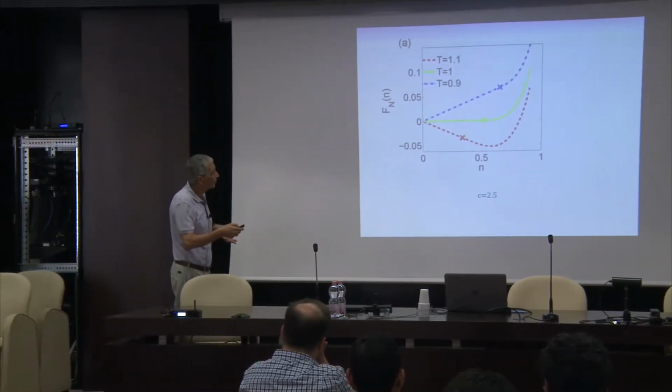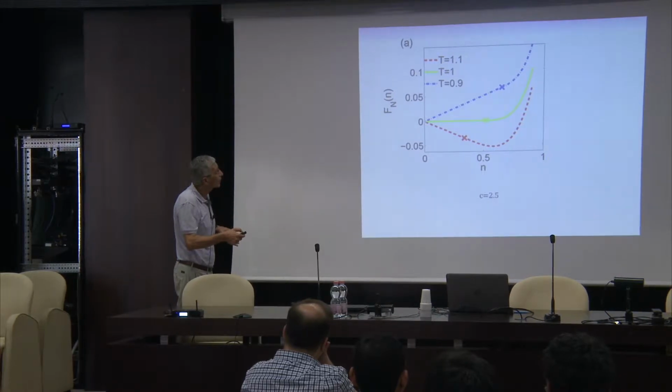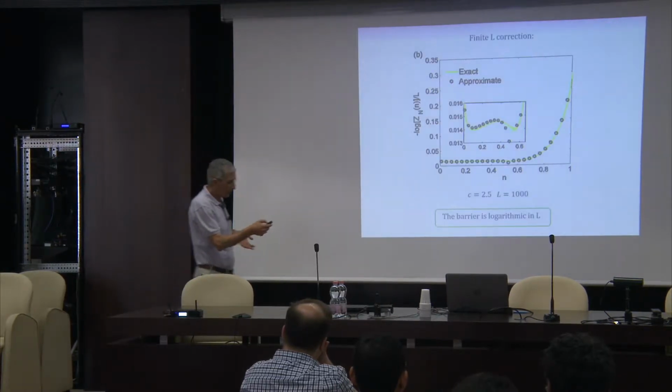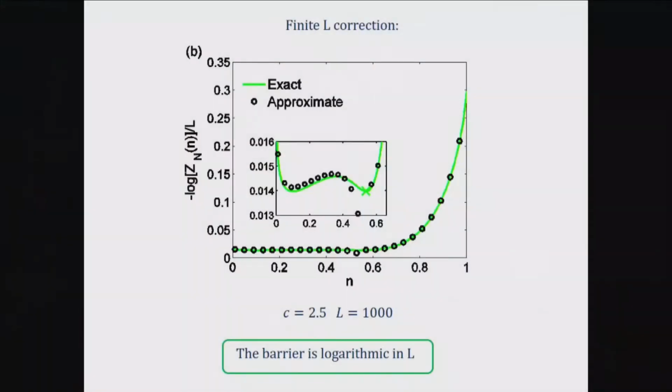It's log. So this is a finite size effect. When I say that this is flat, it's basically flat up to this. And this bump here grows logarithmically with the system size. And therefore, you can get some fluctuations, and that's why you get this kind of behavior in this system.